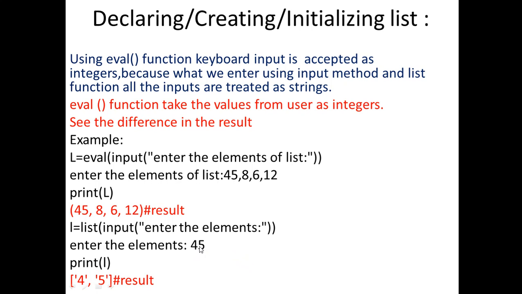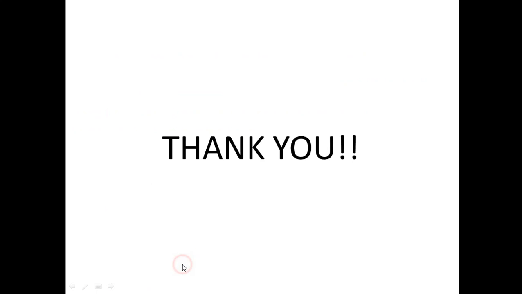If you write another value after the comma, that comma will also be treated as a character value. So whatever elements you enter using the input function with the help of list will be treated as a string, even if you enter an integer value.